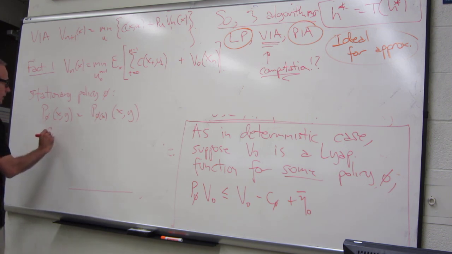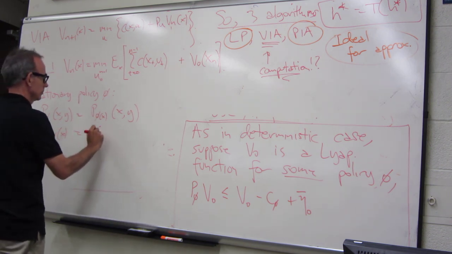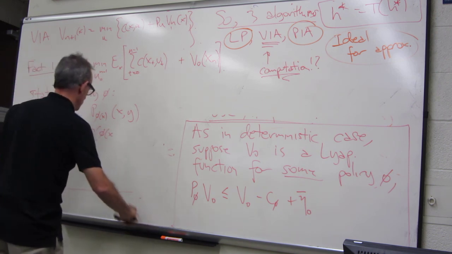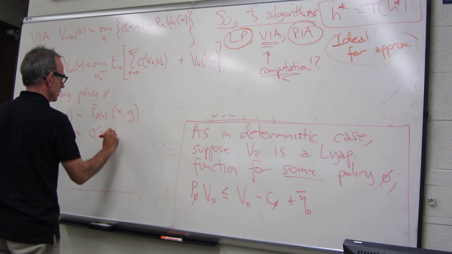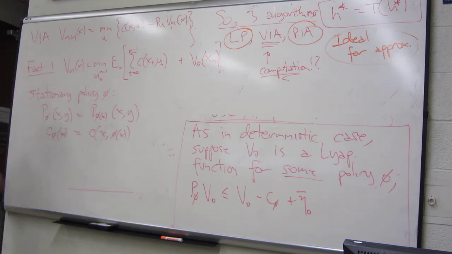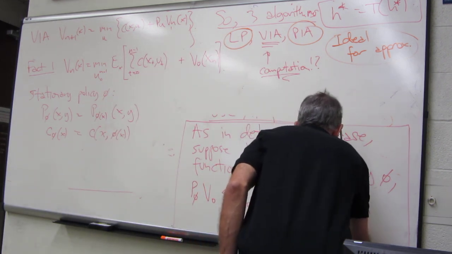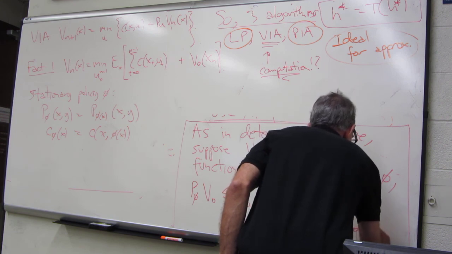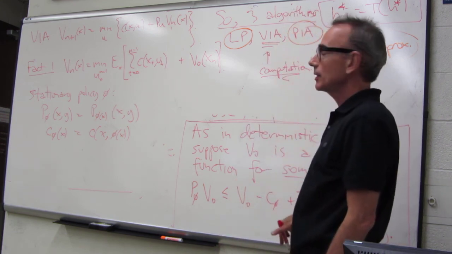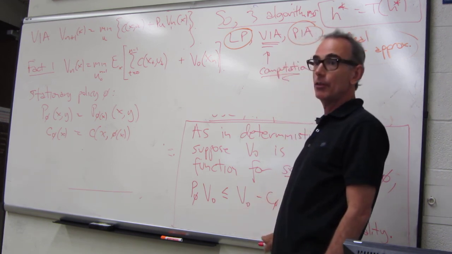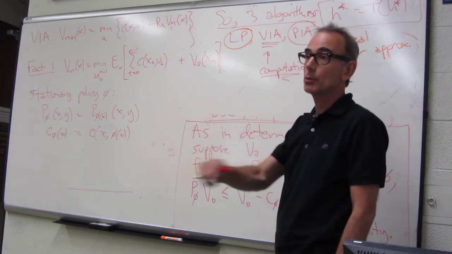So when I write C sub phi of x, with a given stationary policy, I get a transition matrix now, which is fixed. It's just a Markov chain. And I've got a cost function just on the state space because I'm always applying the control u equals phi of x. And so this is a Poisson inequality. And so remember the deterministic setting, we said that if this inequality held for the first policy, it'll hold for all subsequent policies.